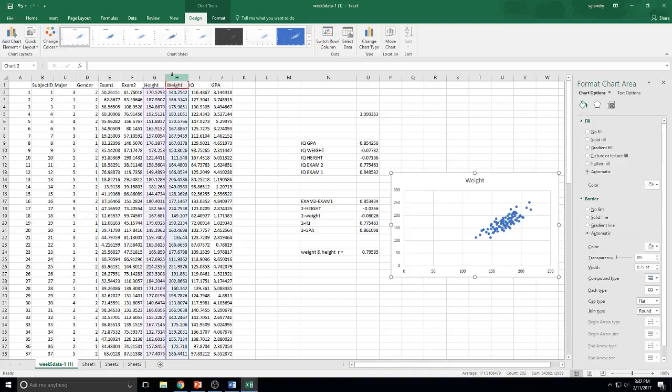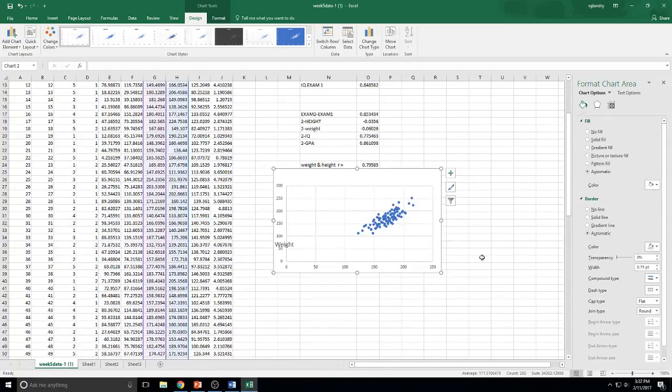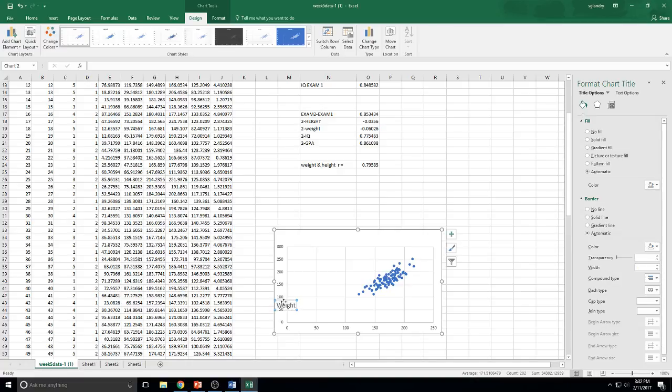Cool. So I just had to select those two and then insert in the graph, which is great. In this graph we have weight down here and height at the top. Weight by height.